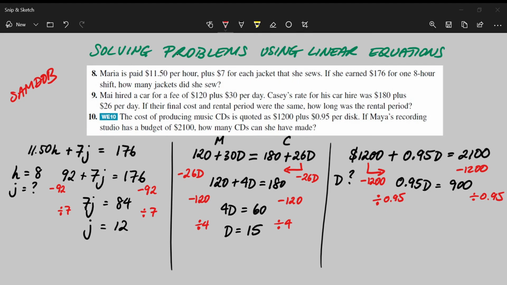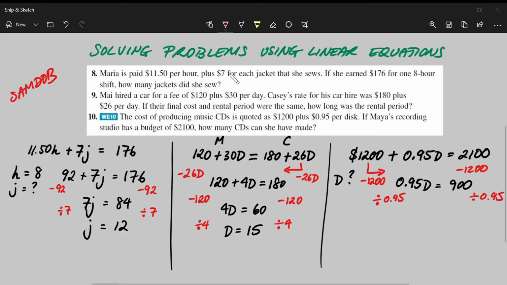Getting your calculator out, we've got 900 divided by 0.95. That is equal to 947 discs. Obviously, we can't have 0.3 of a disc or 0.36.